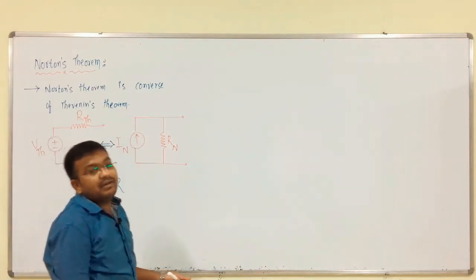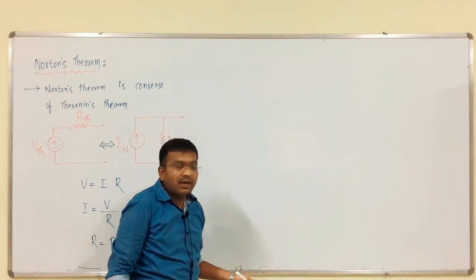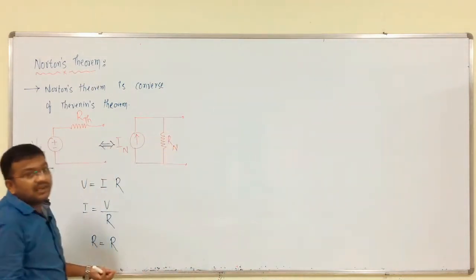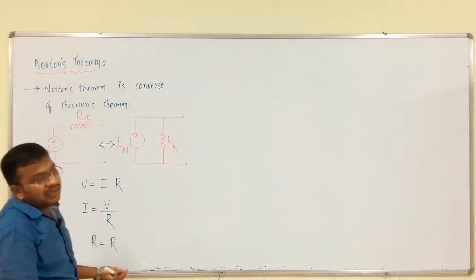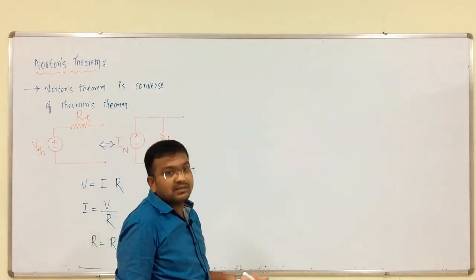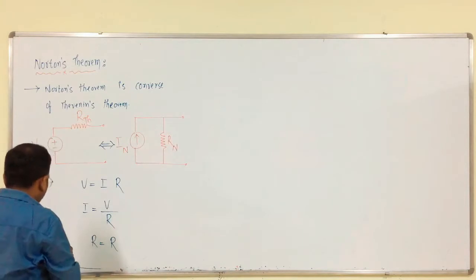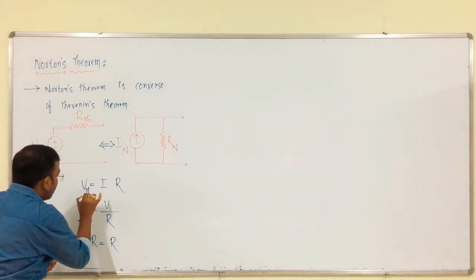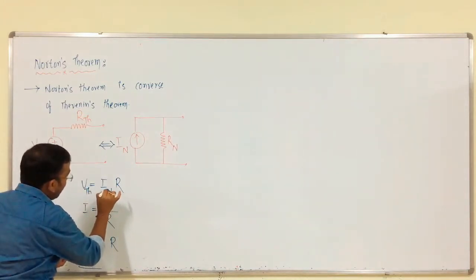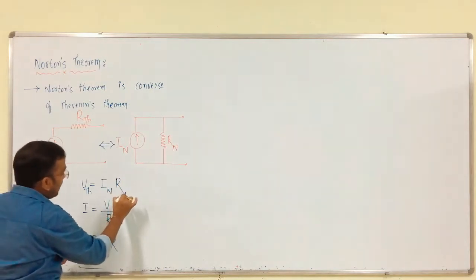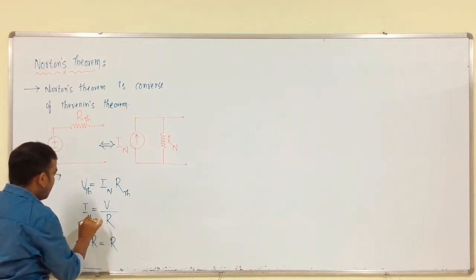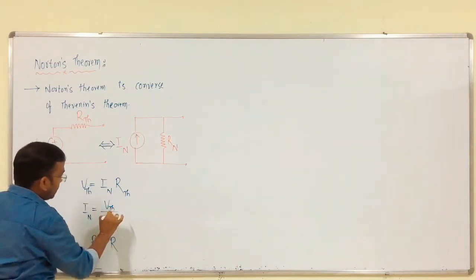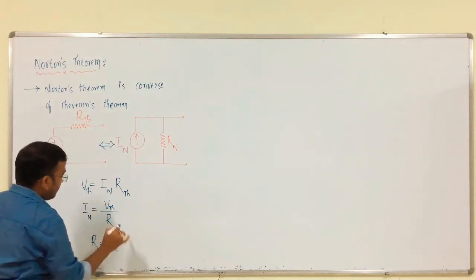Norton's current is connected in parallel with Norton's resistance. What is Thevenin's equivalent circuit? Thevenin's voltage is connected in series with Thevenin's resistance. Then, what is the value of Thevenin's voltage here? It is IN into RTH. What is the value of IN? VTH by RN.